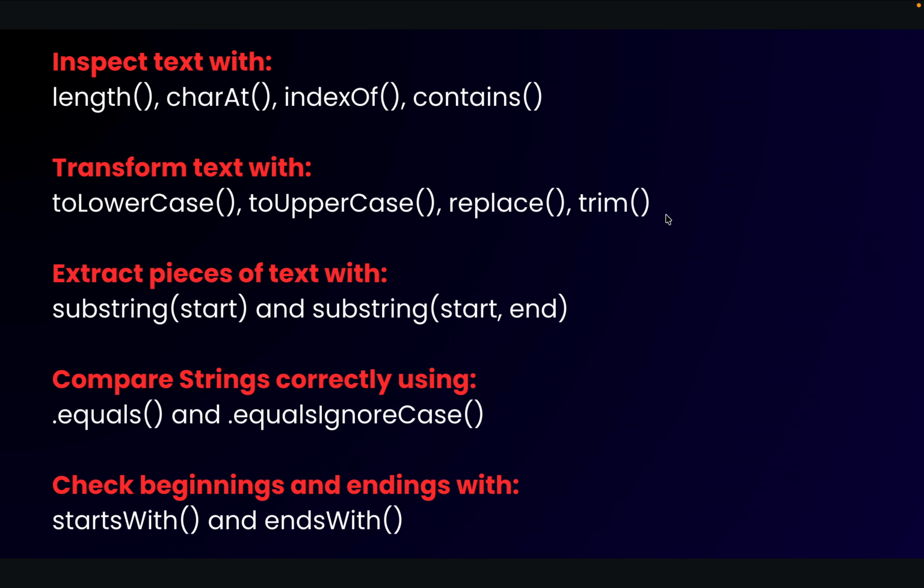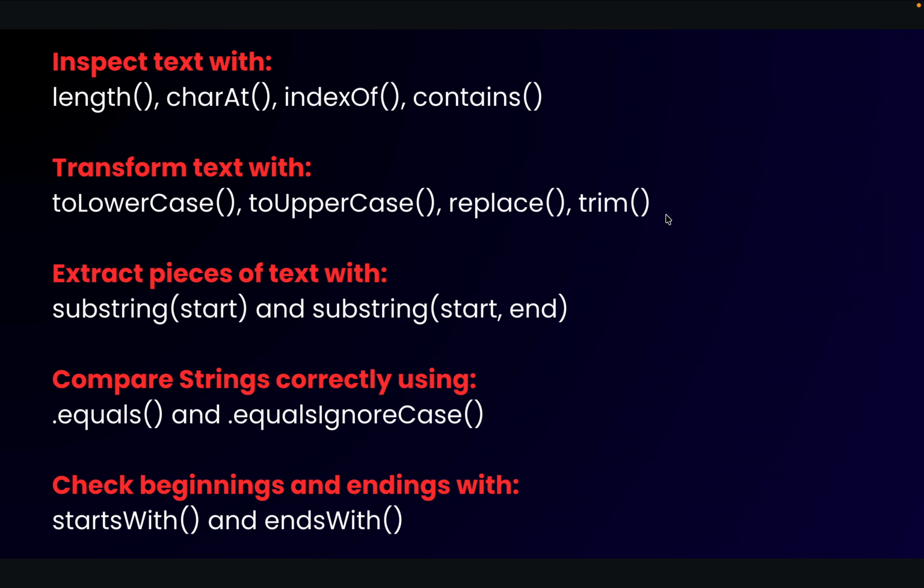So to give you an overview of all of those commonly used string methods, this is how you can break those down. If you want to do any inspection on text, you can do length, char at, index of, or contains. If you're trying to transform text, you can do to lowercase, to uppercase, replace, or trim.